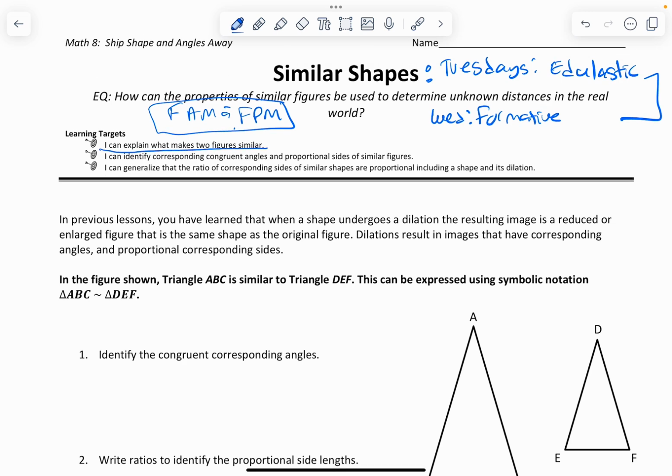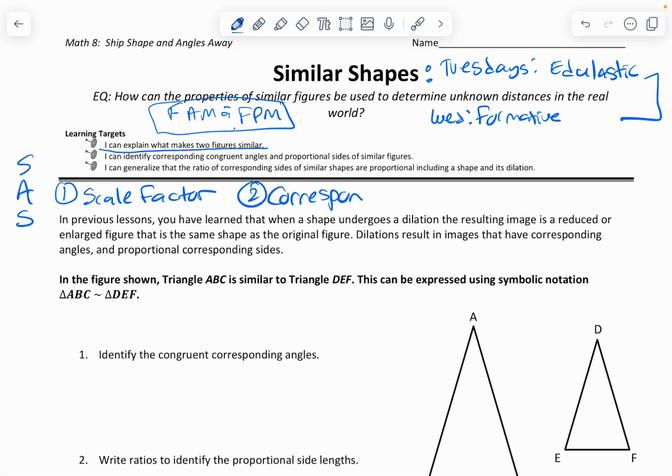So we're going back into our journey. If something is similar, what that means, okay? Remember, for two shapes to be similar, there has to be a couple of things. It has to have SAS. So it has to have a scale factor. Number two, the corresponding angles have to be congruent.